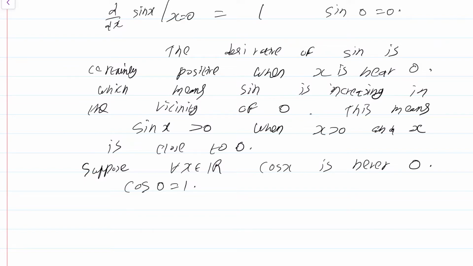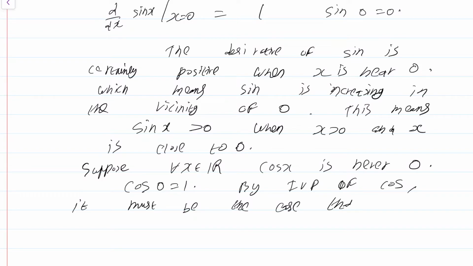Putting all this together by the intermediate value property of cos, it must be the case that cos x is greater than 0 for all x in R.